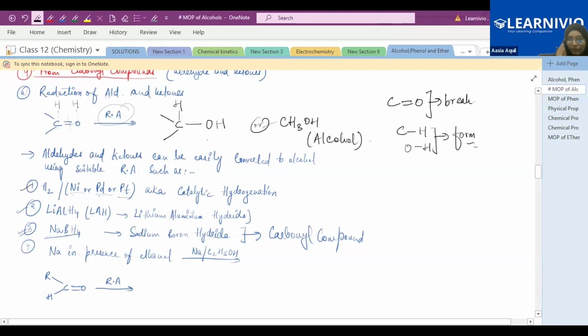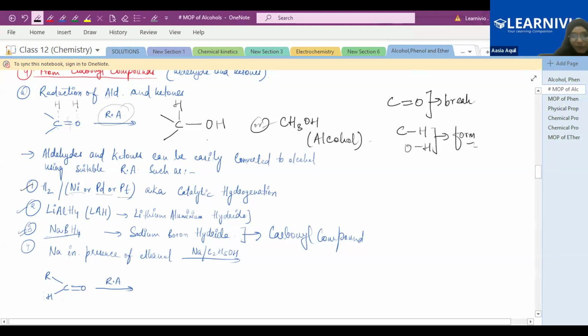So this is also known as catalytic hydrogenation. You have to do hydrogenation in the presence of a catalyst. So these nickel, palladium, and platinum will act as a catalyst. They will provide a surface area for the reaction, right?